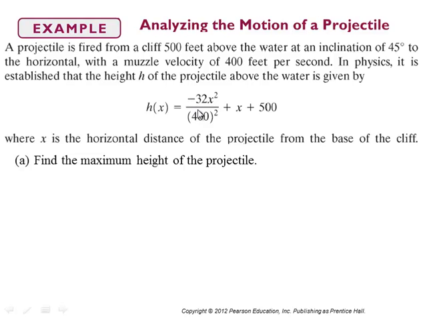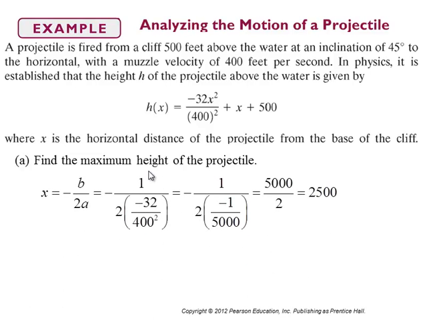Notice that this leading coefficient is negative. You get negative 3200 over 400 squared. So we know that the graph of this function is going to be a downward opening parabola. So we need to find the x coordinate of the vertex in order to maximize this function.